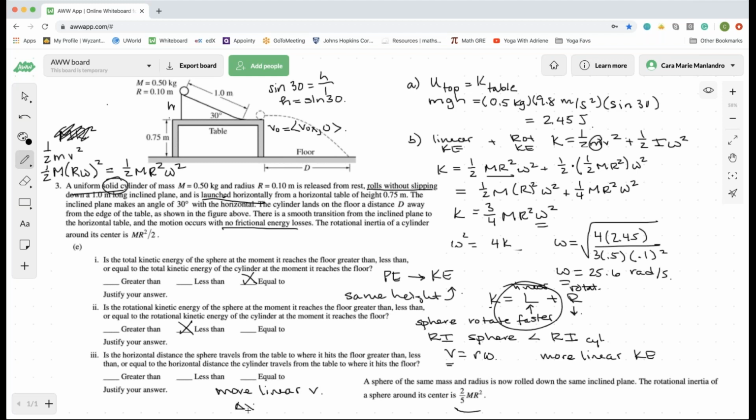And then change in x is just equal to v times time. So if this goes up, my distance goes up, so it's going to be greater. I think these are the types of questions I would expect. A little less computation, a little more of that. All right.